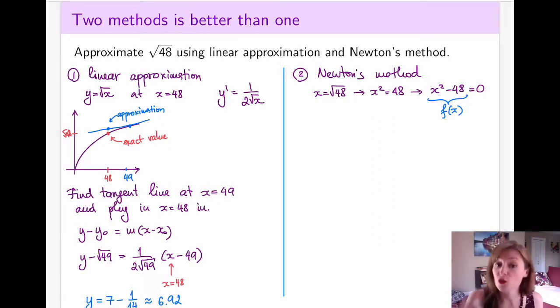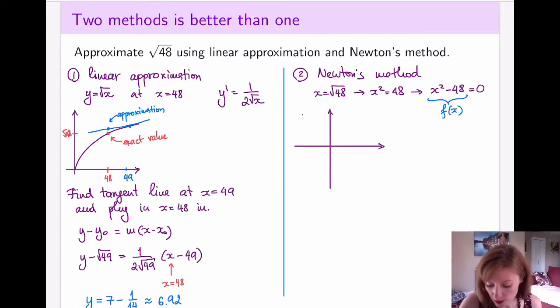So here, the graph is going to look completely different because now I'm sketching x squared minus 48, which is of course a parabola that is shifted by 48 units down. So something that looks like this. Let's pretend it's symmetric.